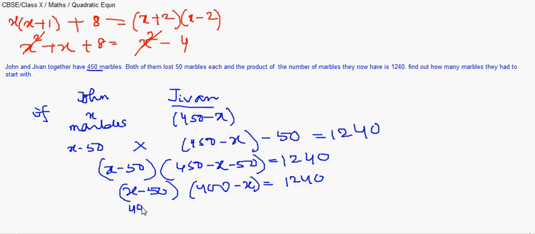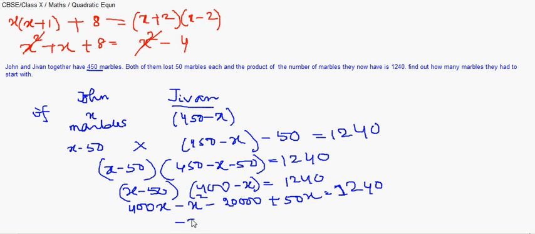Let me remove the bracket. It's 400x minus x square minus 20,000 plus 50x equals 1240.